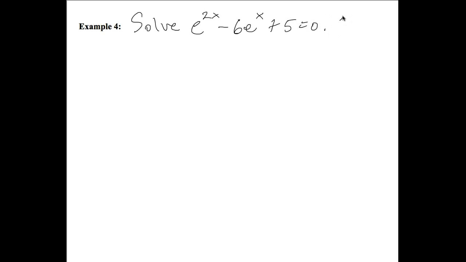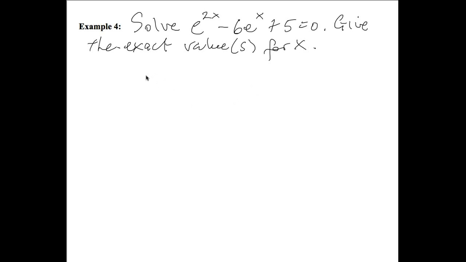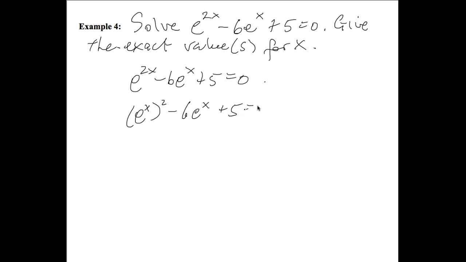And again, in this case, we want to give the exact value or values for x. Now, if you look at this carefully, what I really have is e to the x squared minus 6e to the x plus 5 equals 0.